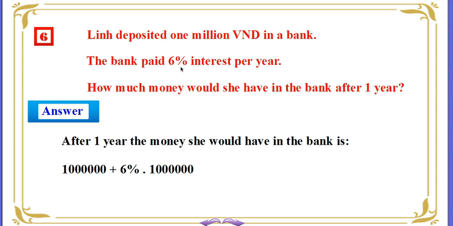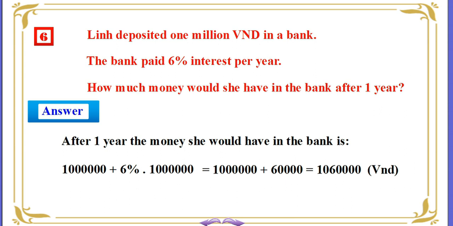You take 6% multiplied with the deposit. This is the interest, and you have the money she has. The deposit is 1 million and the interest is 60,000. So the total is 1 million and 60,000 Vietnam dong.